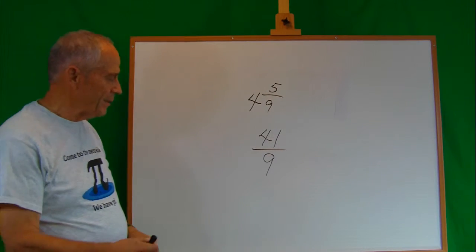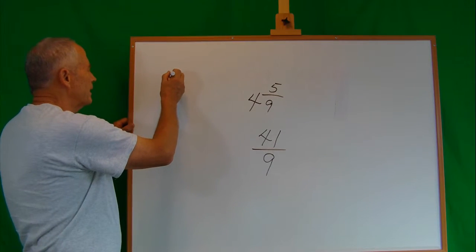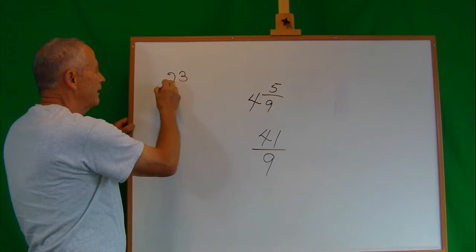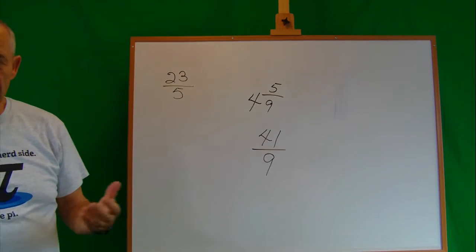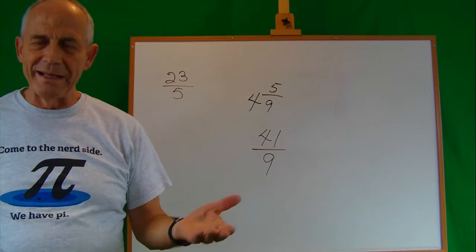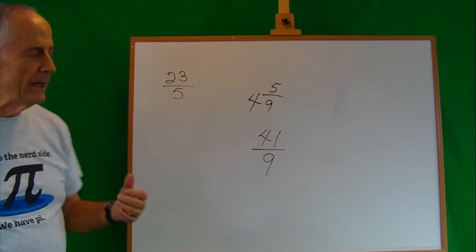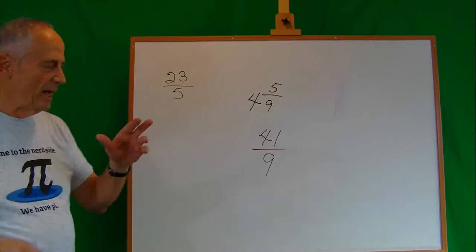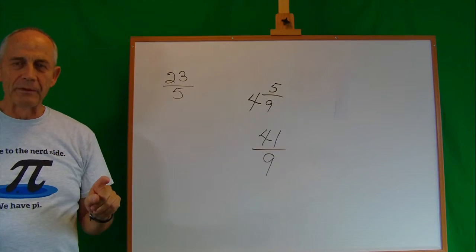If we go the other way, let's take here, say we've got 23 fifths. And we want to write it, because it makes more sense, as a mixed number. Okay, so same thing. I look at this and I see I'm dealing with fifths.